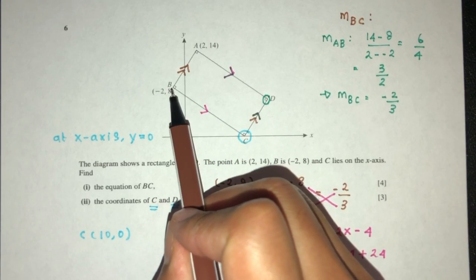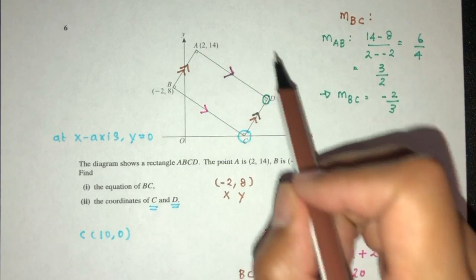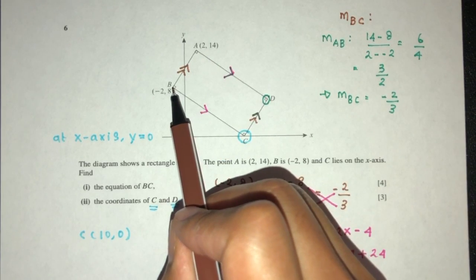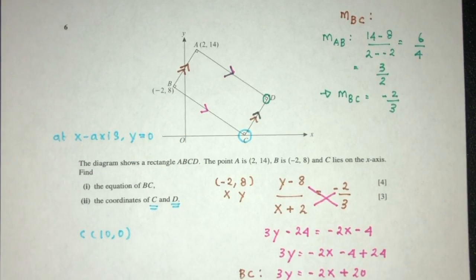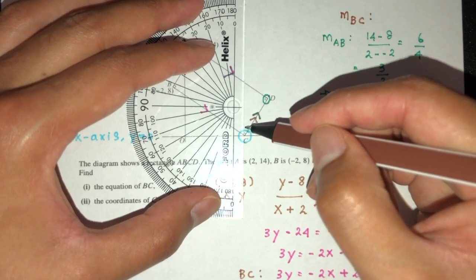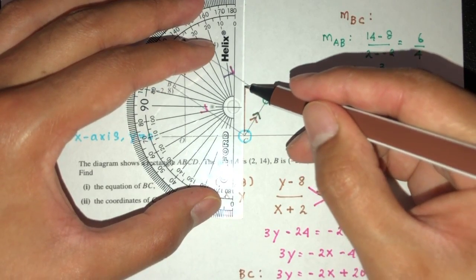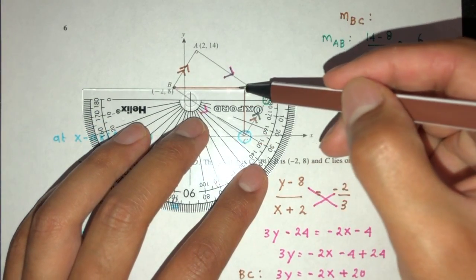From B, for me to move to C, it's the same thing if I move from A to D. So for example, if I were to move, let me draw this here. It's basically a vector displacement. So mark this and mark that, right?